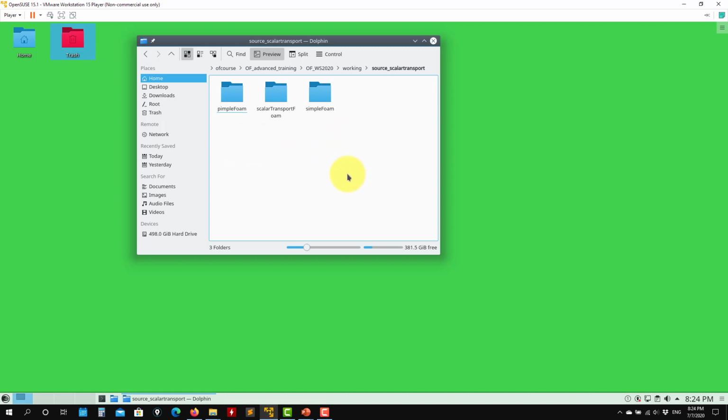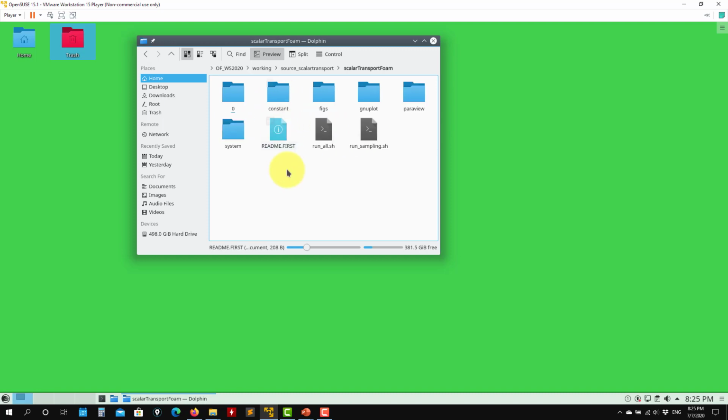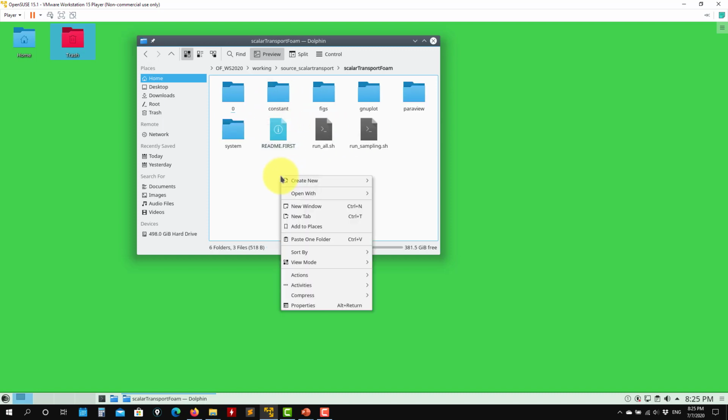You see the same problem using the solvers: scalar transport foam, simple foam, and pimple foam. Here we run steady, but we can play with the under-relaxation factors. I want to show you that pretty much the same problem can be solved with these solvers. So let's start with scalar transport foam. Launch your terminal there.